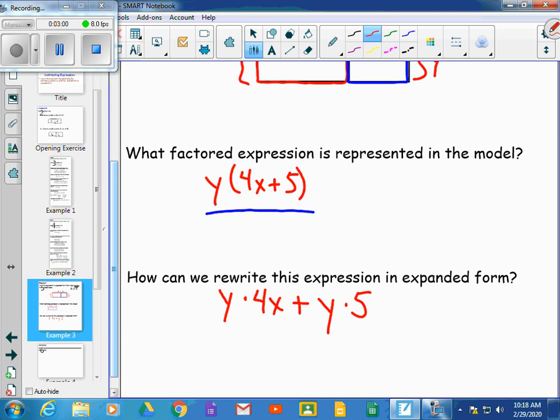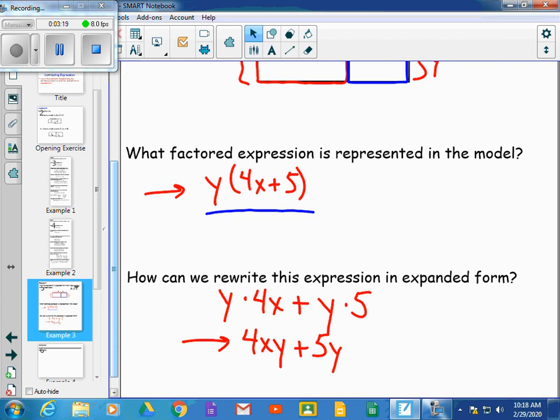We can put y times 4x as 4xy plus the y times 5 as 5y. This area of the big rectangle equals this area. The bottom one illustrates how we're adding the areas of the two smaller rectangles together to get the area of the big rectangle.